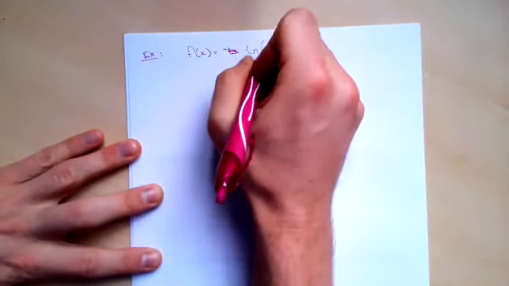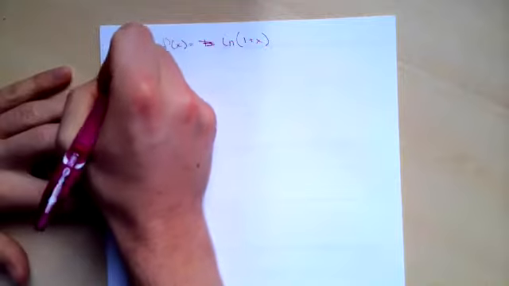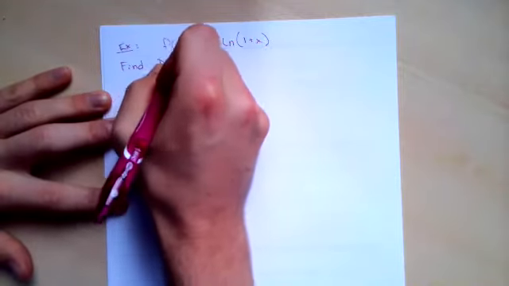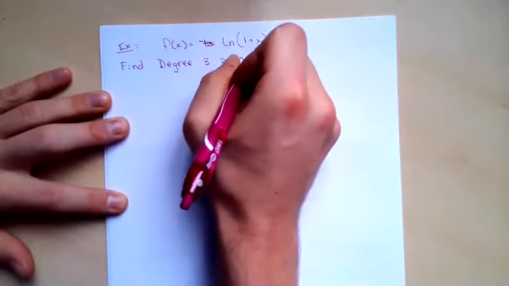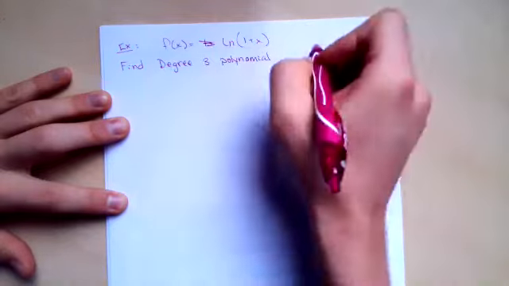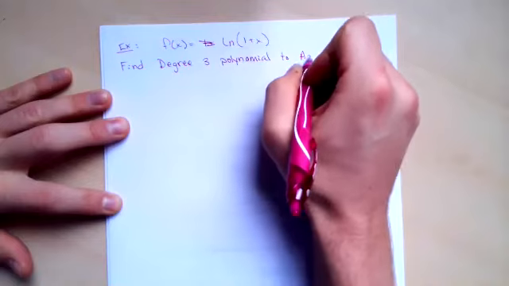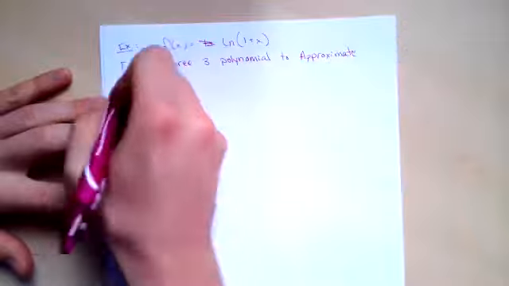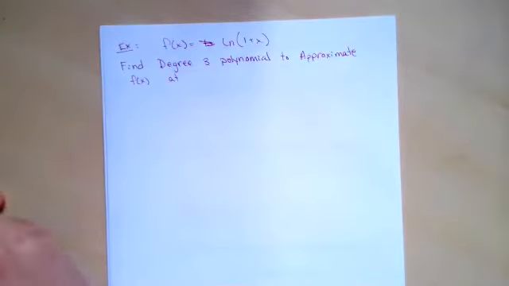natural log of 1 plus x. And our goal is to find, let's say, a degree 3 polynomial to approximate f of x at, we need to pick a point.